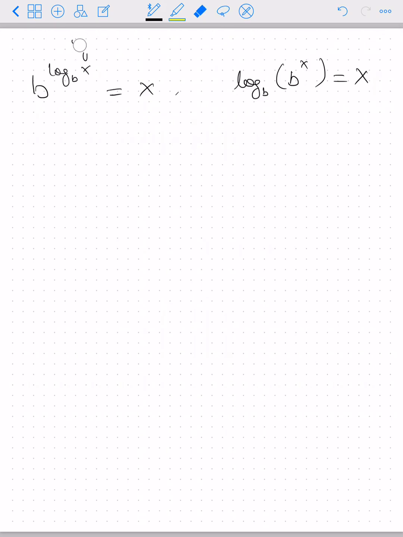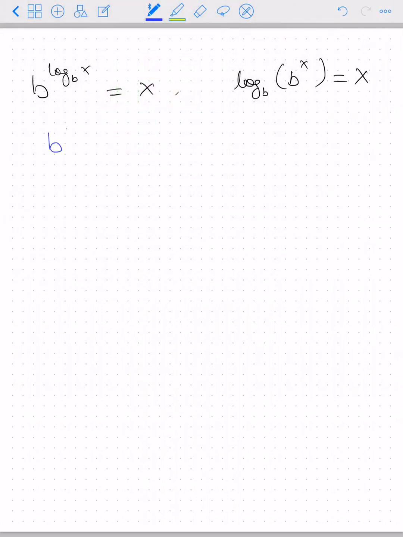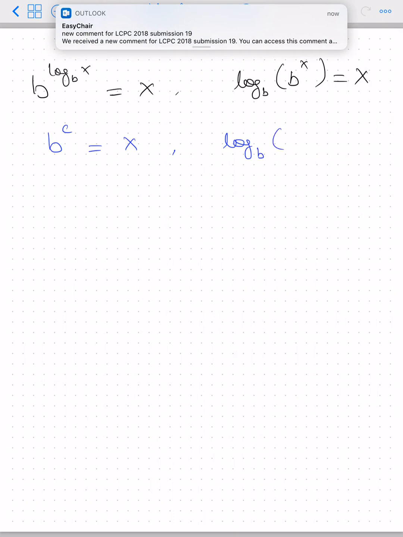What is happening here is that both are based on the basic definition of the logarithm itself. So if you think about it, b to the power c is equal to x means that log base b of x is equal to c.